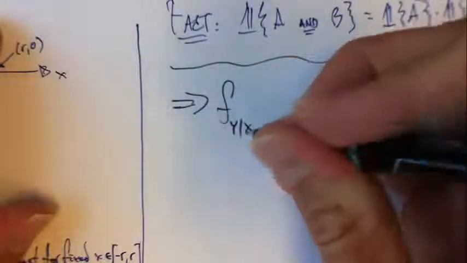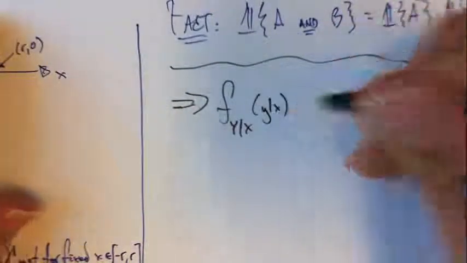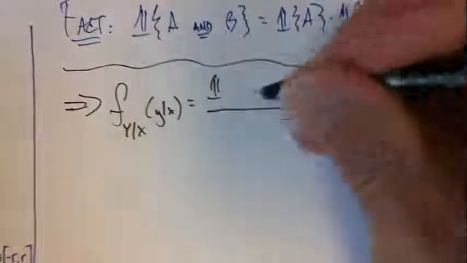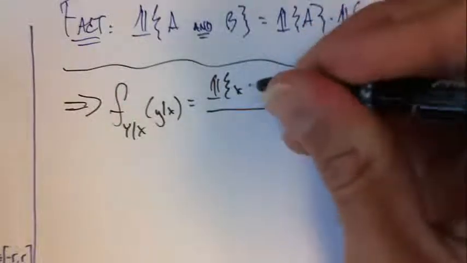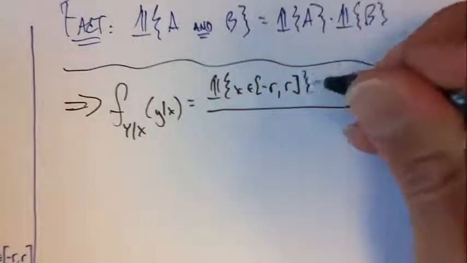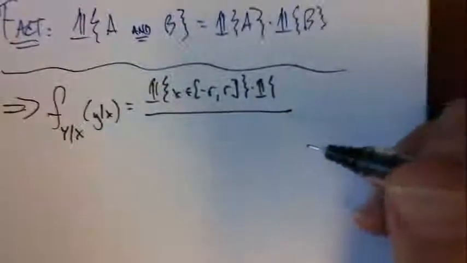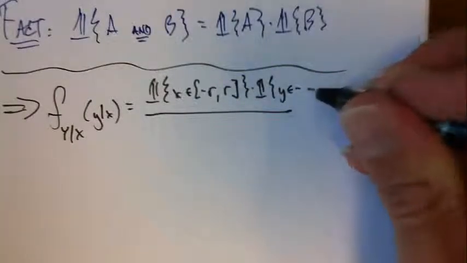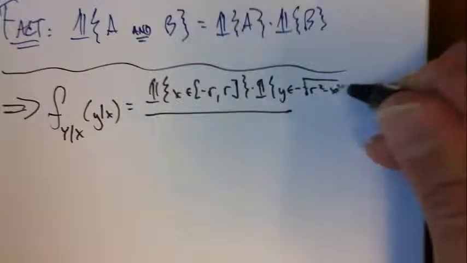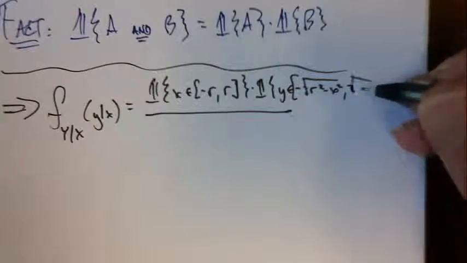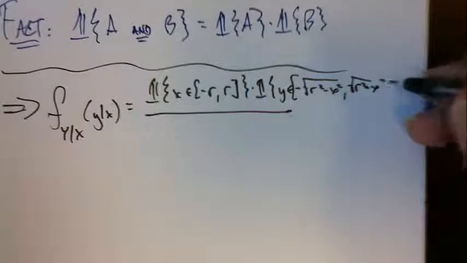So this implies that my conditional density function of y given x can be written as the product of a couple of indicator functions at the top there, right? That x is between negative r and r, and the indicator function that y is between negative root r squared minus x squared and positive root r squared minus x squared.